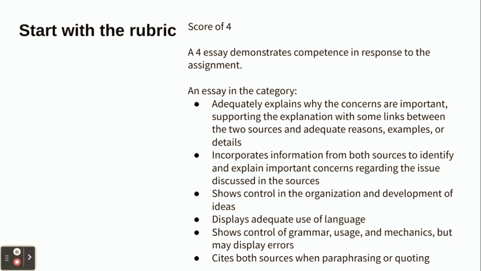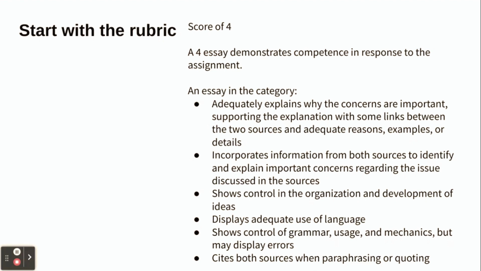So to get a score of a 4, and remember we've talked before about you want at least a 4, hopefully a 5, but a score of a 4 shows adequately explains why the concerns are important, supporting the explanations with some links between the two sources, and adequate reasons, examples, or details, incorporates information from both sources to identify and explain important concerns regarding the issues discussed in the sources, shows control in organization and development of ideas, displays adequate use of language, shows control in grammar usage mechanics, but may display some errors, and last but not least, cites both sources when paraphrasing or quoting.